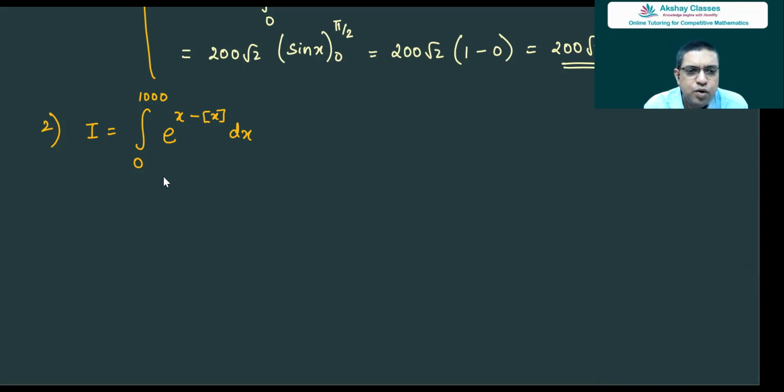So we know what x minus the integral part of x is. It is the fractional part of x. And we know how the graph of the fractional part of x looks.